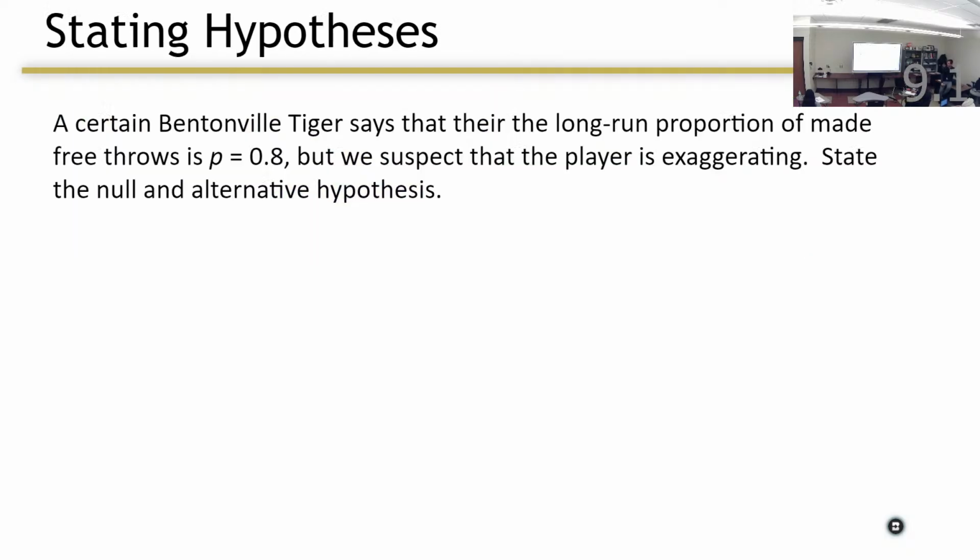You good? A certain Bentonville Tiger says that a long run proportion of made free throws is 80% or 0.8. We suspect the player is exaggerating. State the null and the alternative hypotheses. P, proportion.